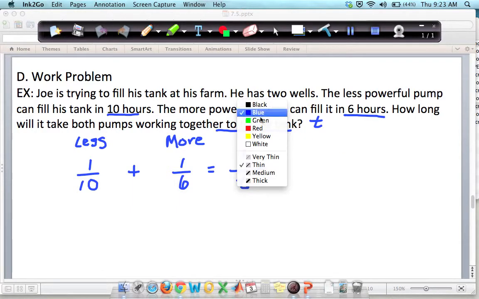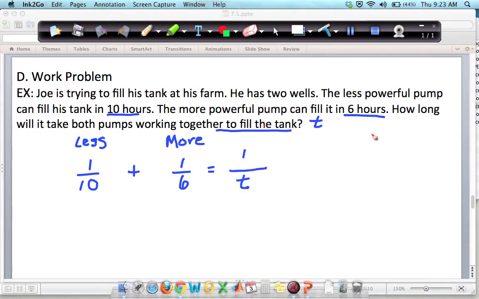Okay, so the first thing you need to do, just like we did before, is find the LCD and multiply everything by the LCD over 1. The LCD of 10 and 6 is 30, and then your variable is t. So the LCD is 30t. I'm going to multiply all three terms by 30t over 1.